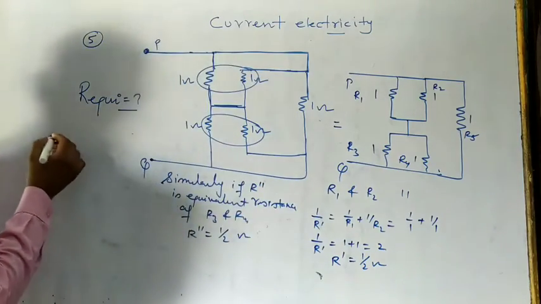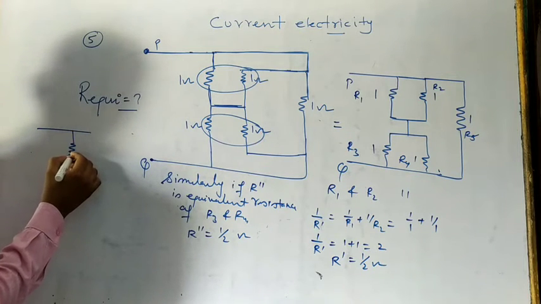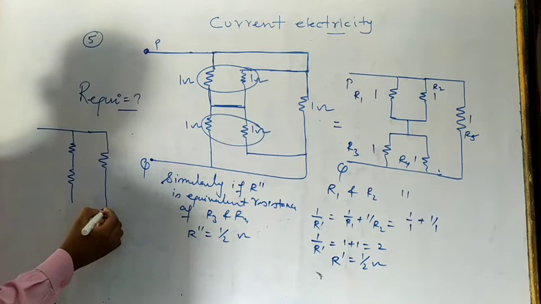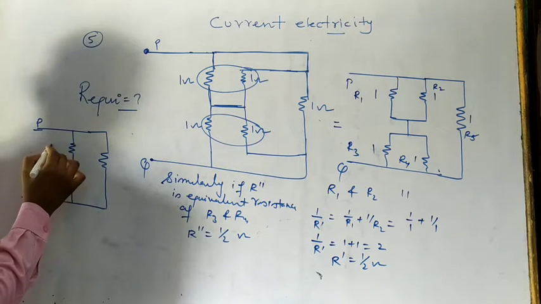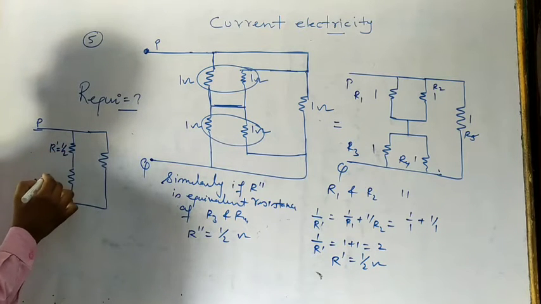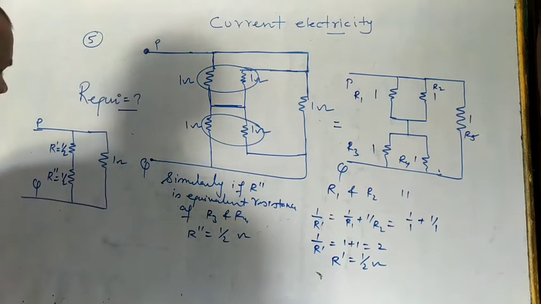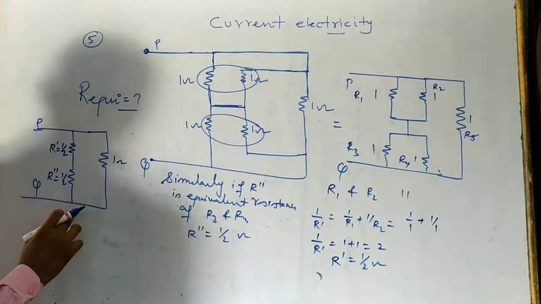Here this is one end, P, and the other end is Q. R dash is 1 by 2, R double dash is also 1 by 2, and this is 1. Now R dash and R double dash are connected in series.